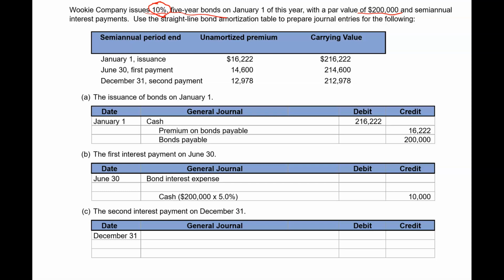So we'll credit cash 10,000, give them an interest payment of 10,000. Interest expense is $8,328.